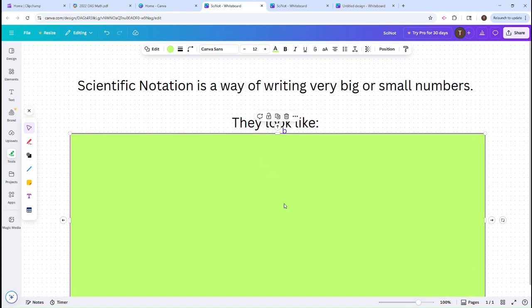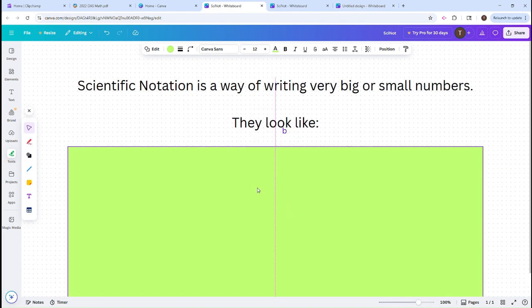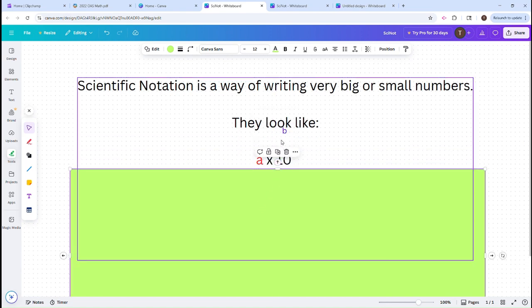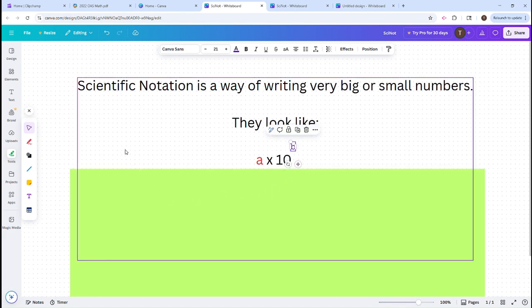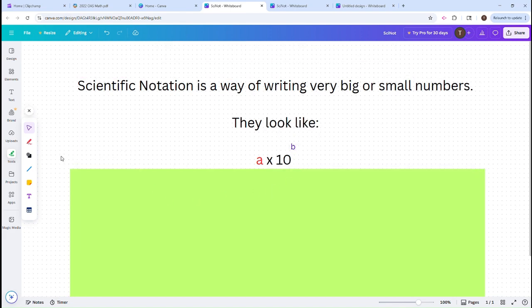Now, this is how the numbers will look once you put them in scientific notation. So, we get all these things out the way and show you that this is how scientific notation looks. There's an A there and there's a B there.